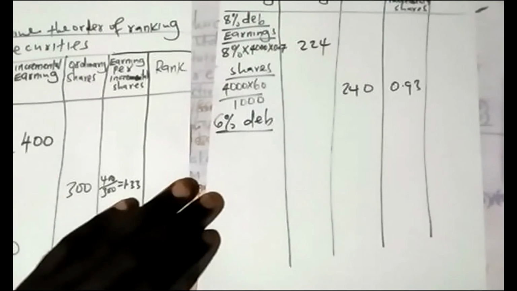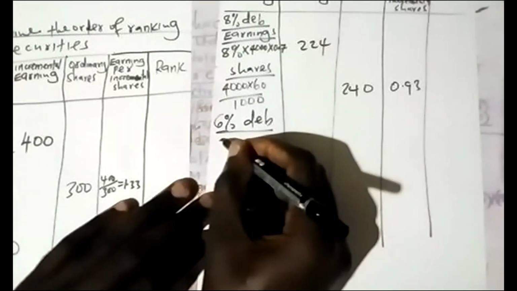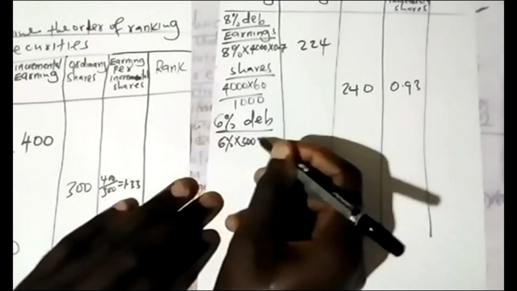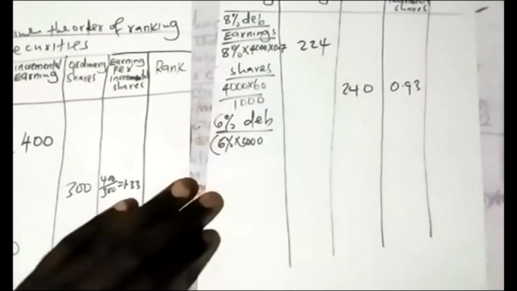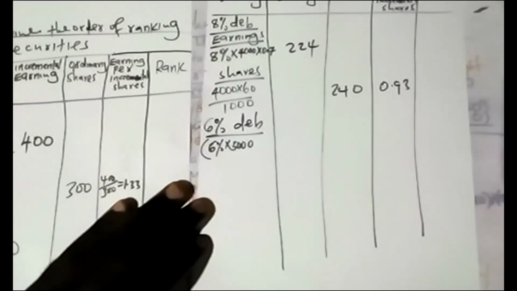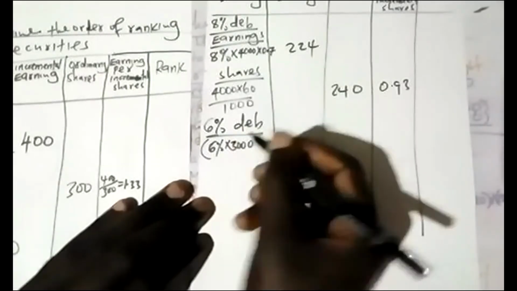So what I will do, I will first say 3 million. So it was 6% times 3,000 up to the conversion date, because I'm first considering the converted one.